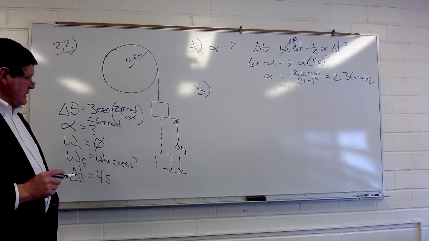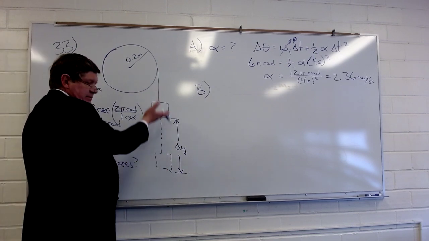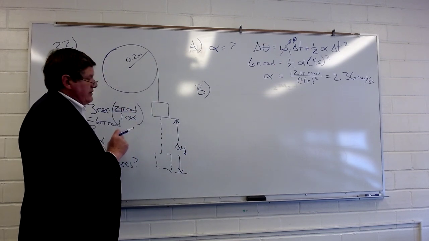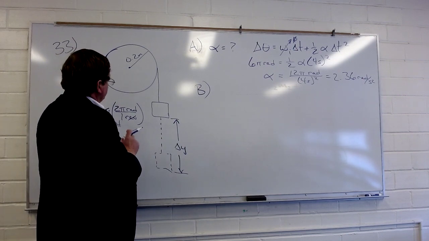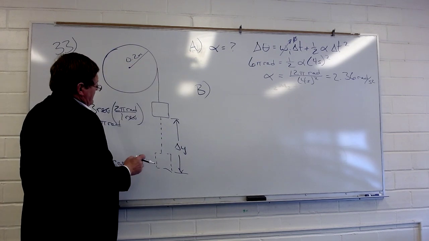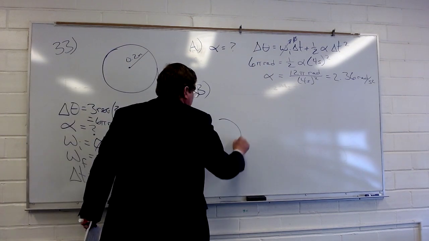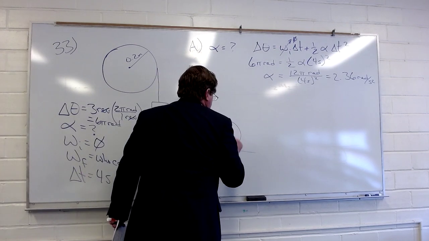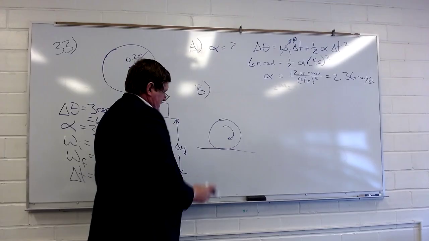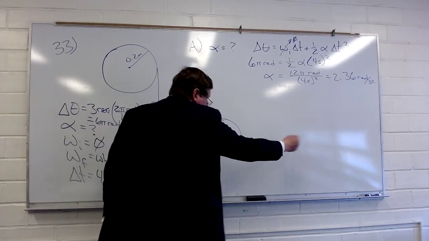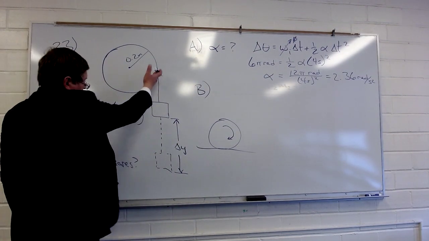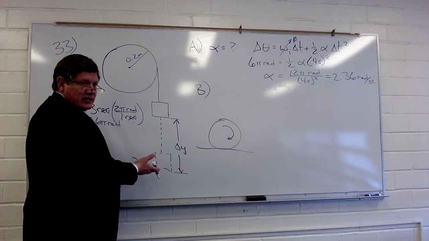The rolling without slipping condition relates the linear motion of something to the angular motion of, say, a wheel. Now, if you think of this wheel as laying out a line, it's very similar to a wheel going down the road, and if this wheel had, say, grease on it, you'd be laying down a linear line of grease down the pavement, just like you're laying out a fishing line here.